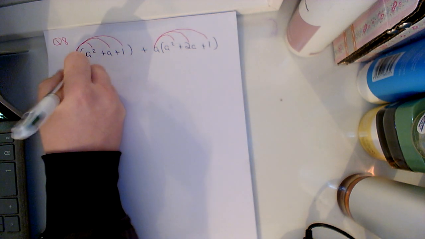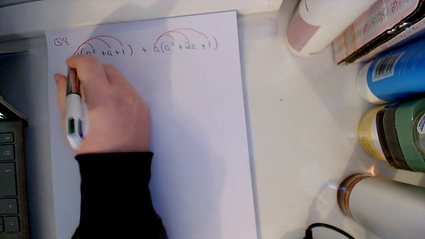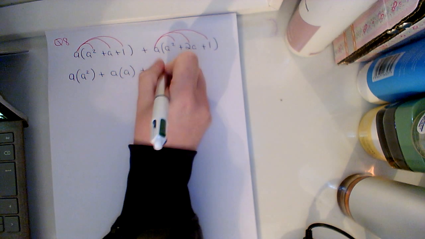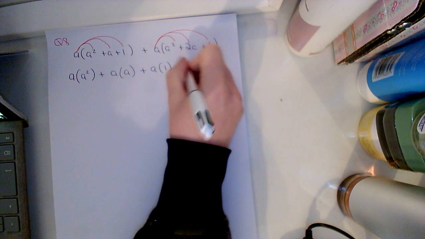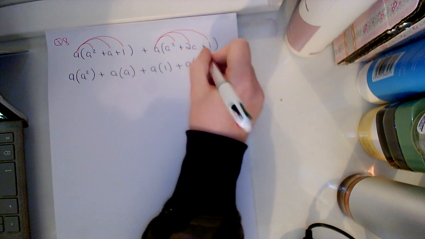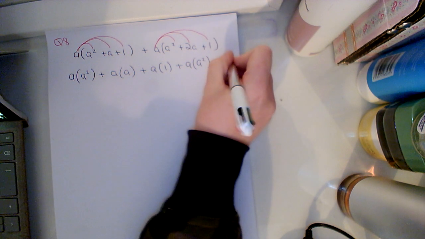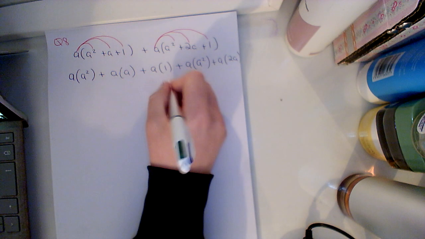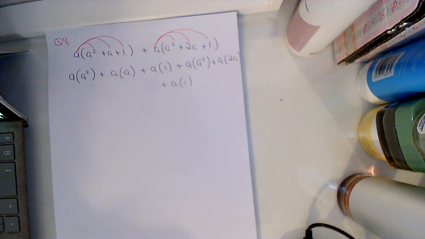So it's going to be a(a²) plus a(a) plus a(1) plus a(a²) plus a(2a), running out of room, plus a(1). And now I'm going to multiply all of these out.